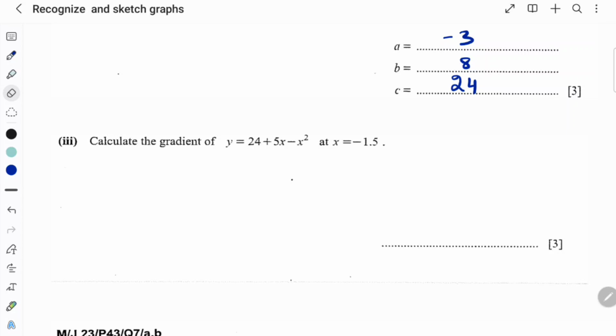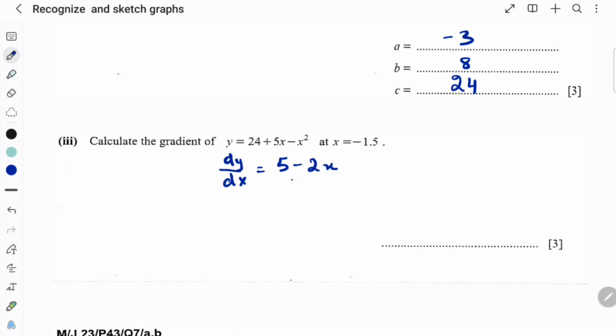Whenever we do the differentiation, then we can find it. So dy upon dx: 24 is a constant number, so you can write down 0 for that, or if you don't want to, don't write it. Then 5 minus 2x. We are going to find the gradient at x equals minus 1.5.